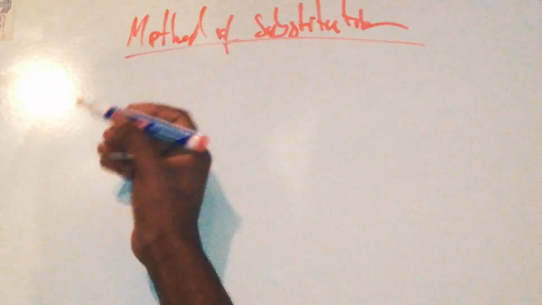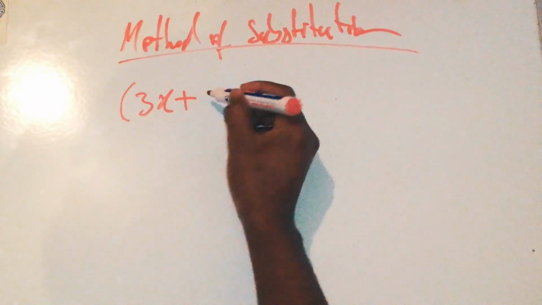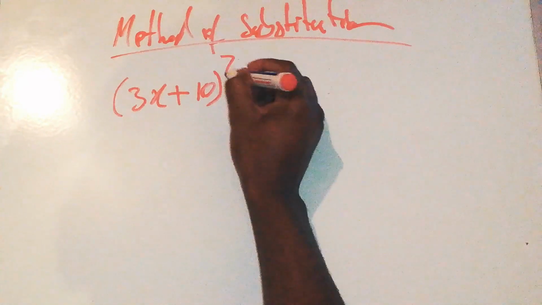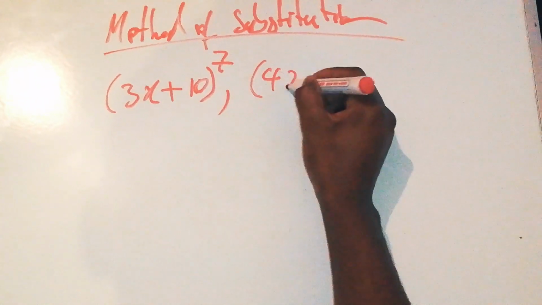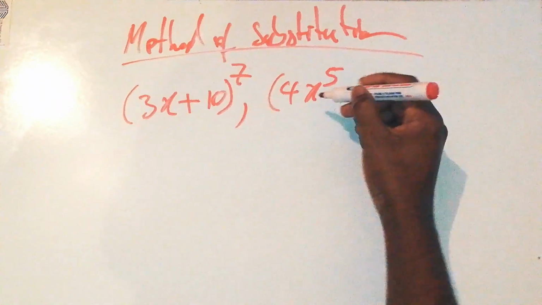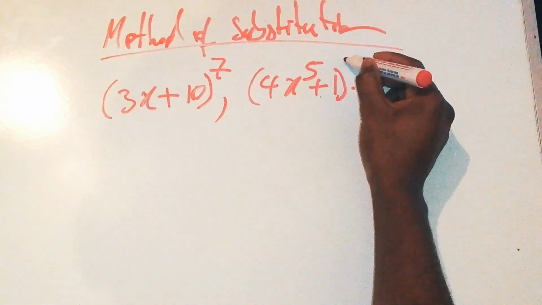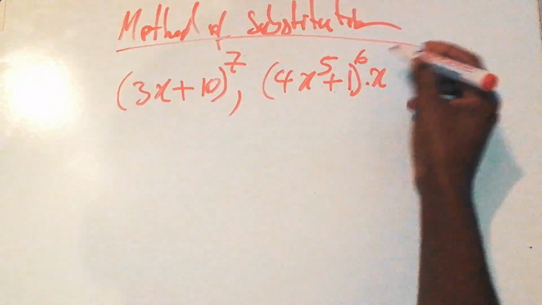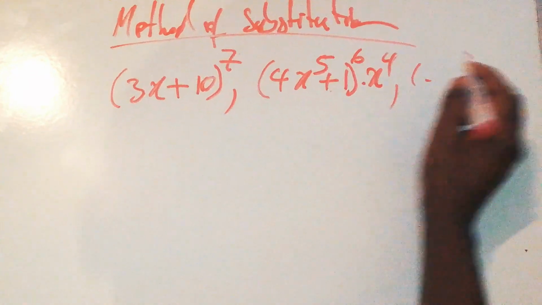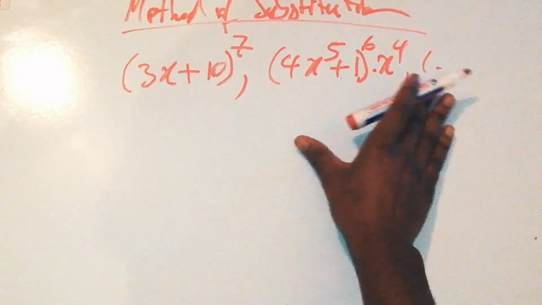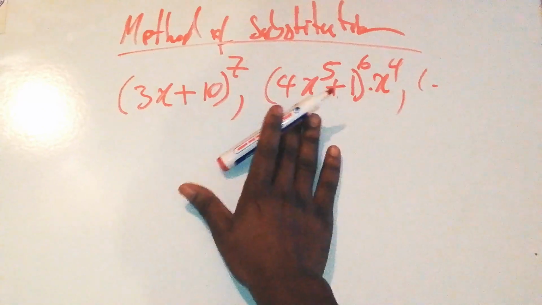This integral is in the shape of, let's say, (3x plus 10) exponent 7, or (4x exponent 5 plus 1) exponent 6 times x to the 4, and so on. For this kind of integral, you need to use the method of substitution.